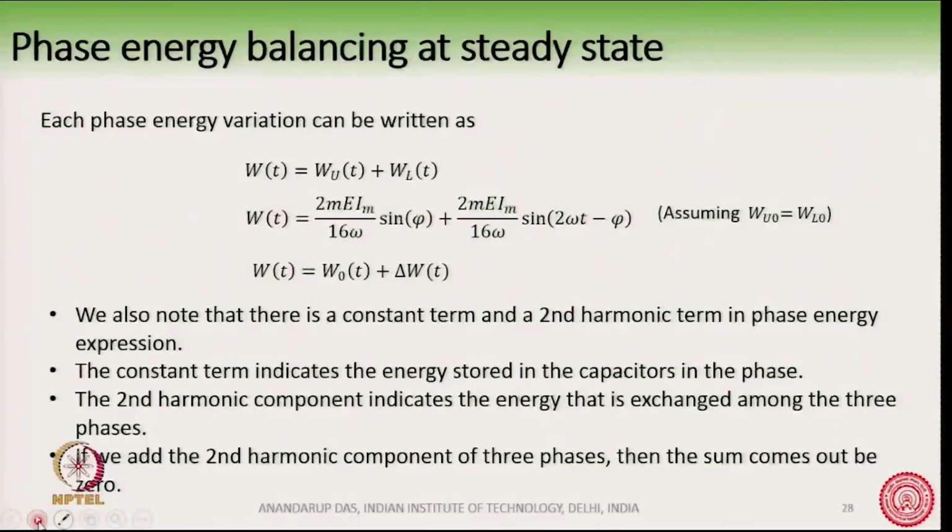Now, if you add the upper arm and lower arm energies, WT is WU plus WL.